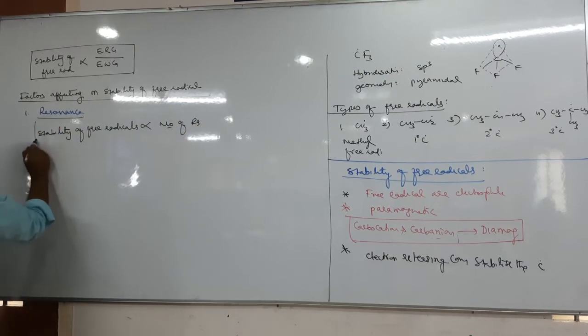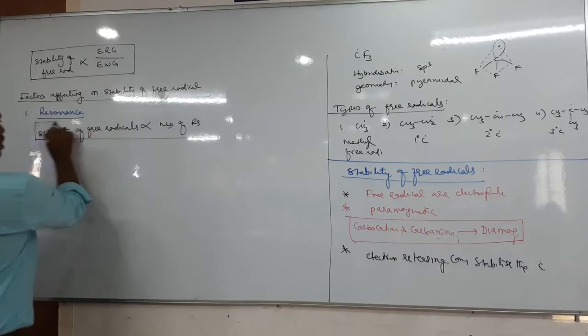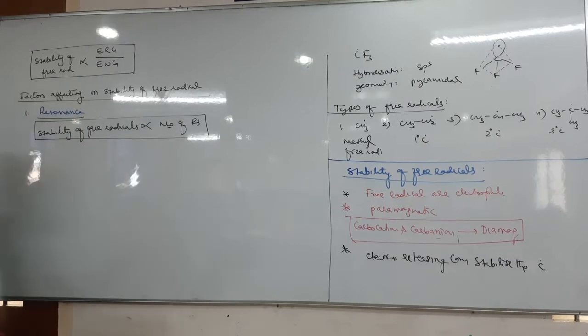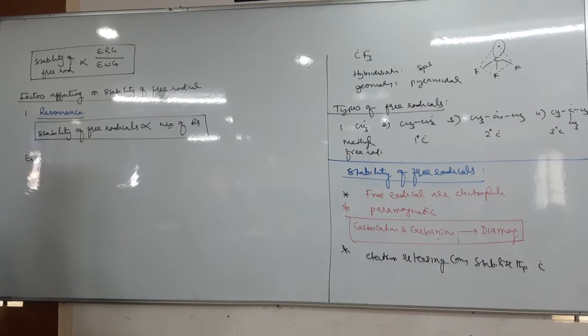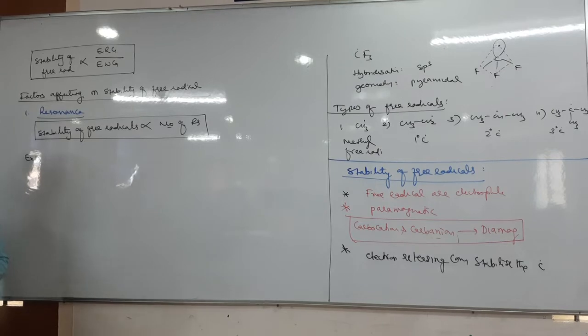As the number of resonance structures increases, the stability of the free radical increases. When resonance comes, we study two very important molecules, allylic and benzylic. It comes throughout organic chemistry.